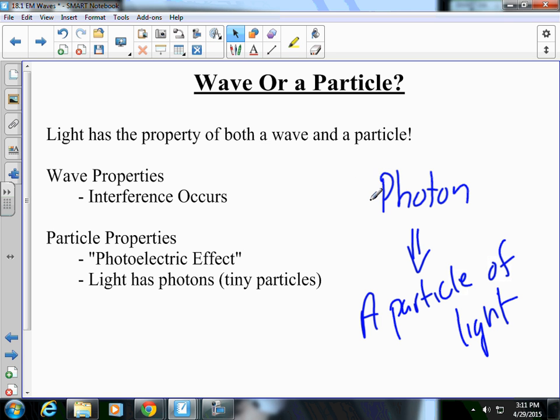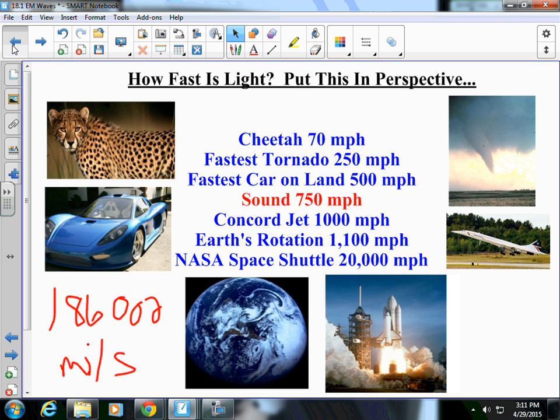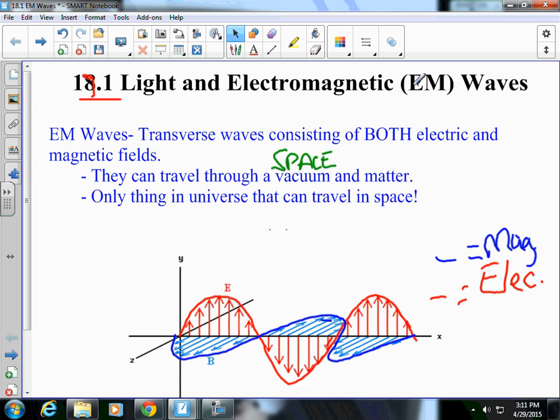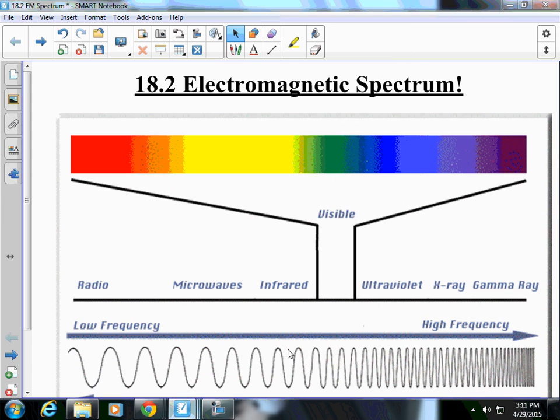So that is light and electromagnetic waves. Now, what are the different types of electromagnetic waves? There are 7 different types of electromagnetic radiation, broken down in the spectrum. Some of these are going to sound familiar.